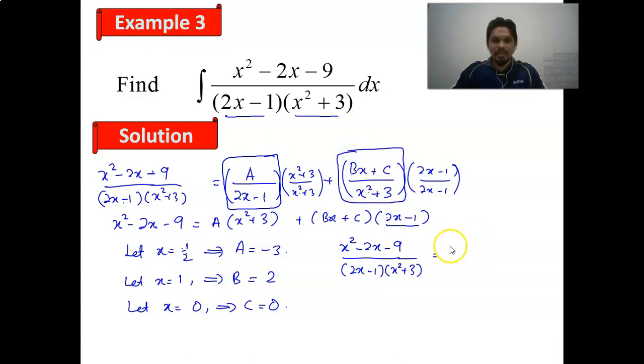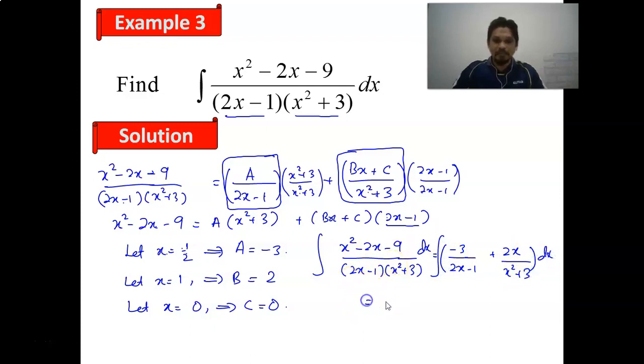A equal to negative 3, so negative 3 divided by 2x minus 1, and then B equal to 2 and C equal to 0, so plus 2x divided by x squared plus 3. Then integrate this with respect to x, and also integrate this dx.